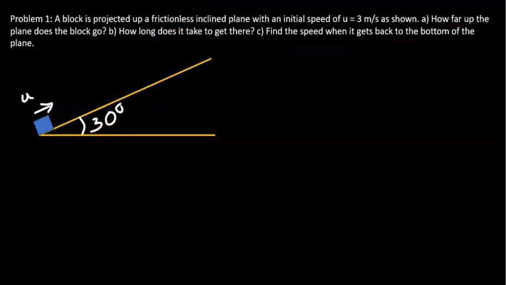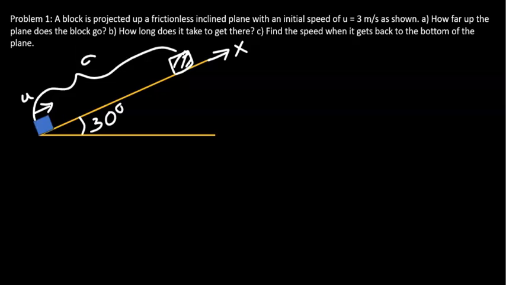Let's take that plane to be the direction of positive x-axis. So that is the direction along which the motion occurs. Let's assume the block gets to this position before stopping, and it is at a distance of, let's say, d along the plane.